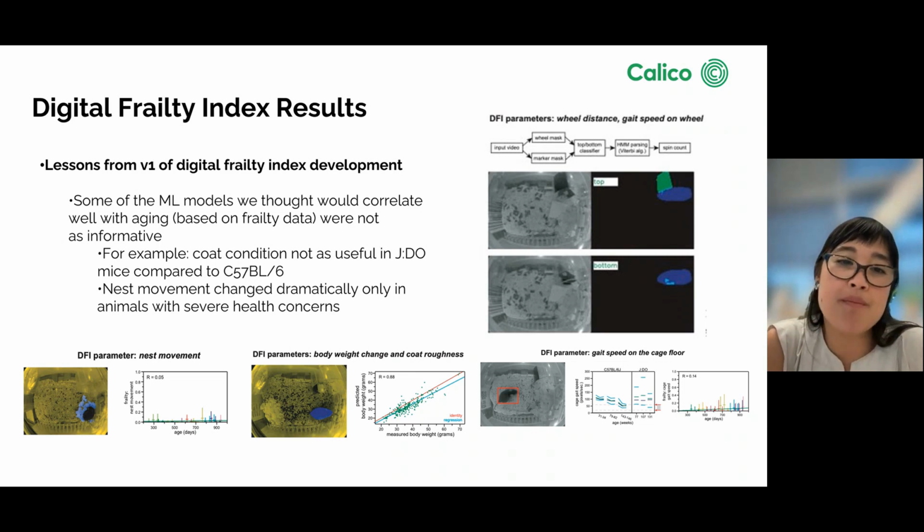And then we also built a nest movement parameter, but we did not observe a very strong signal as animals aged, and only really saw that parameter change severely when they had health concerns. So when you go upon this journey, you'll have hypotheses of what will be informative for your specific model, but be prepared for your study and your pilot work to tell you differently.